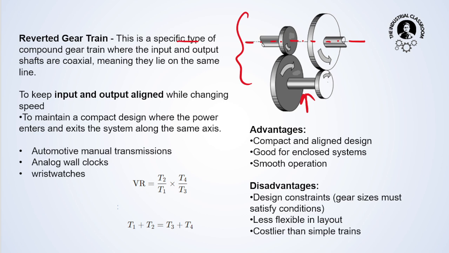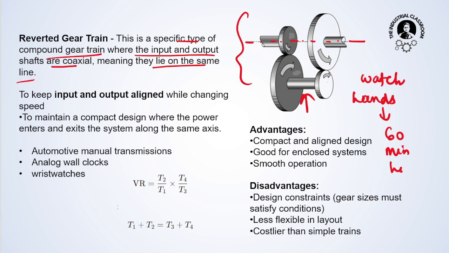This is a specific type of compound gear train where the input and output shafts are coaxial, meaning they lie on the same line. Imagine your watch. Here you have the hands or arms: one is the seconds arm ticking 60 seconds, one is the minute arm, and one is the hour arm. So how are they rotating on the same axis?